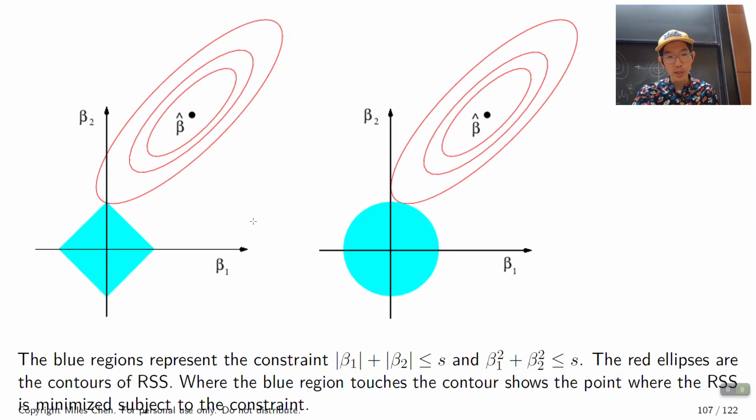And this is the beta hat that corresponds to ordinary least squares regression. You have these contour lines, and you have some kind of constraint, so the solution is going to be where the OLS contours touch the boundary of the constraint as well.